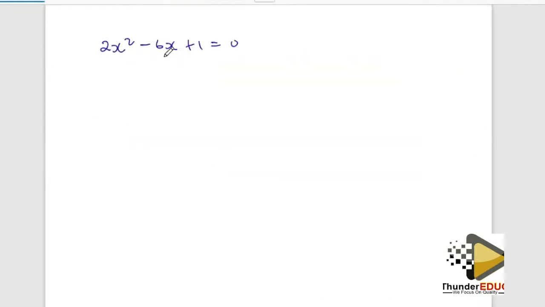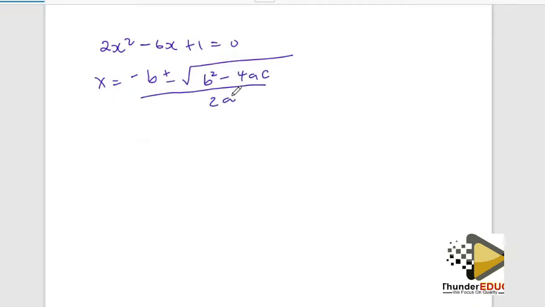From our quadratic formula, we know that x must be negative b plus or minus the square root of b squared minus 4ac, divided by 2a. It's always important to represent your equation in standard form. So our a is going to be a 2, our b is going to be a negative 6, and then the c will be a 1.